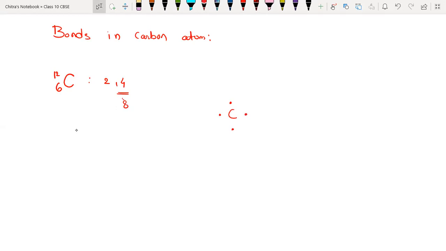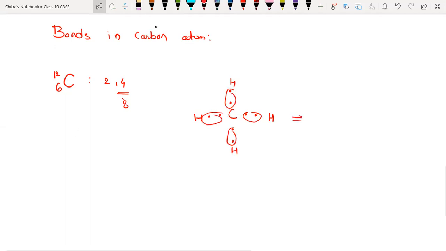So carbon shares these 4 electrons with other atoms. Suppose I take the example of hydrogen. 4 hydrogen atoms will share 4 electrons of the carbon atom to form 4 covalent bonds. We can represent this bond as carbon with this dash structure that I'm drawing here. This is called the dash structure.